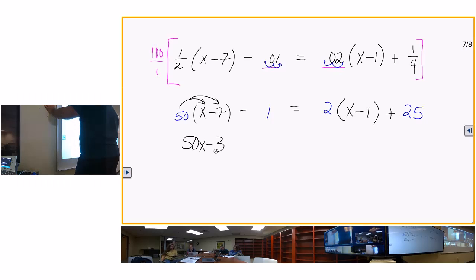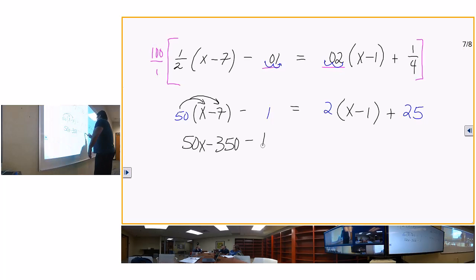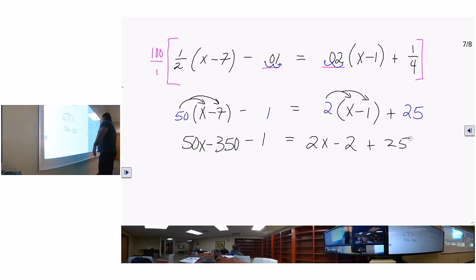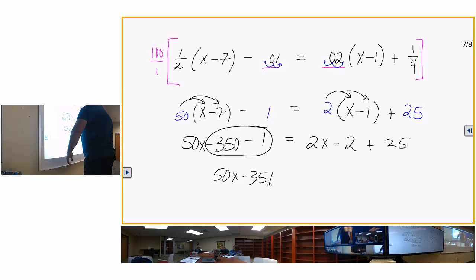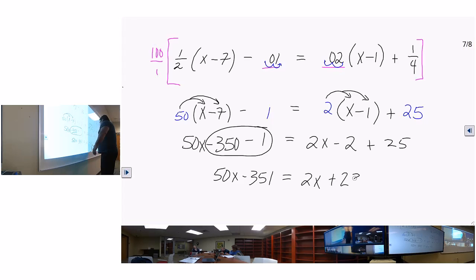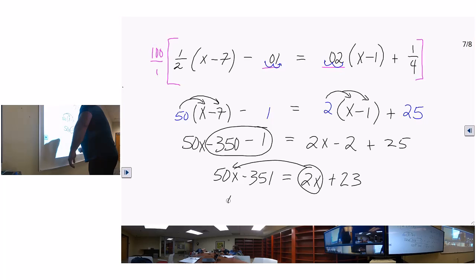50x minus 350 minus 1 is equal to 2x minus 2 plus 25. Negative 351, forward, equals 2x plus 23. So I'm going to bring the 2x over, make 48x.